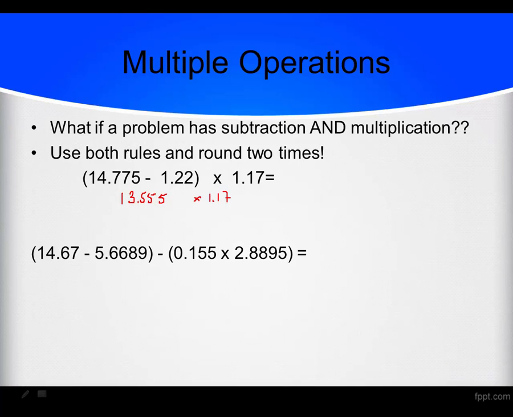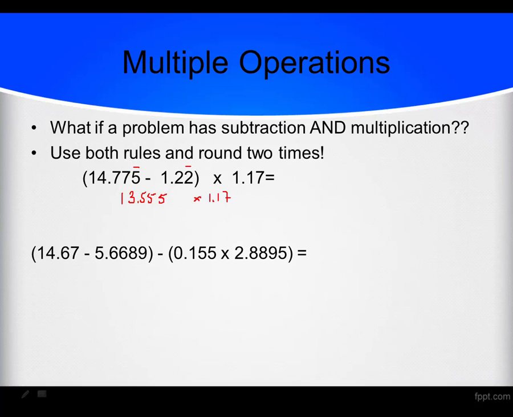Now, I'm not going to use 13.555 because I have to do my rounding on this first. Okay. So it looks like with 14.775, I've got the tenths, hundredths, thousandths place, thousandths there. And I've got the hundredths here. So that means I can only have a hundredths place in my answer.